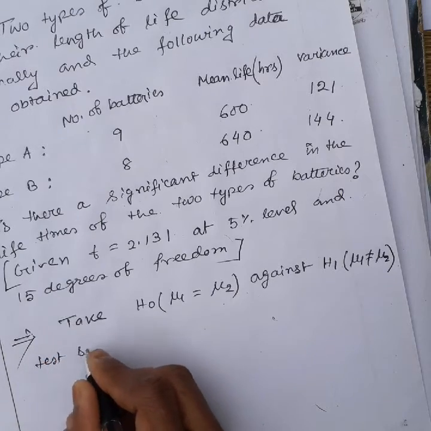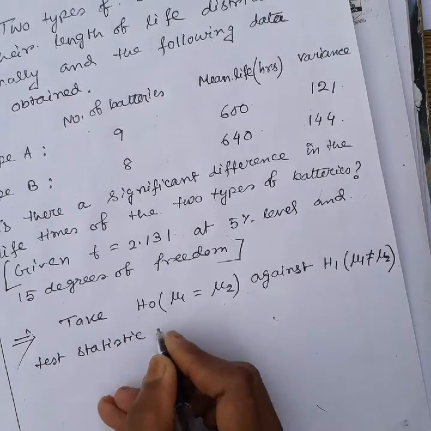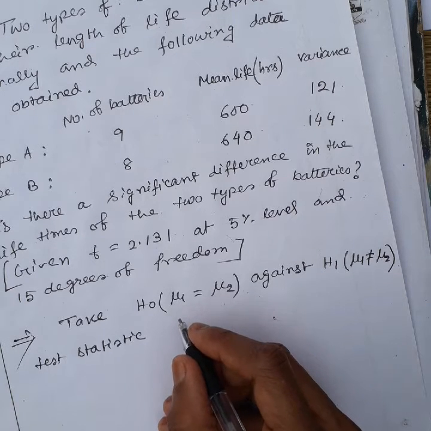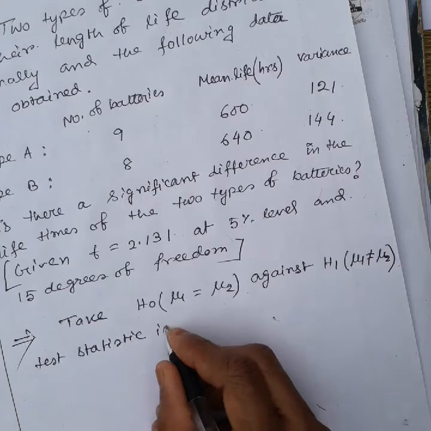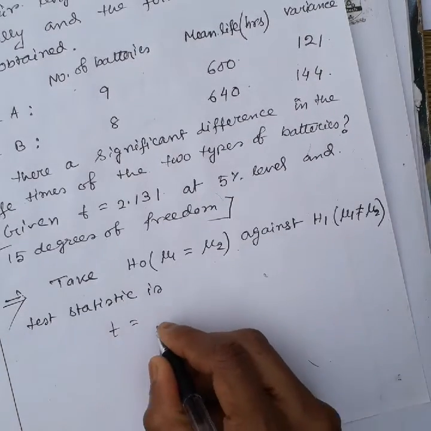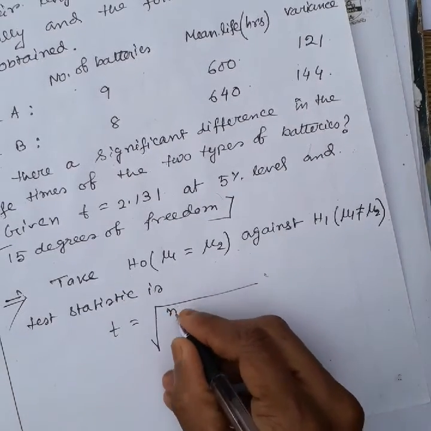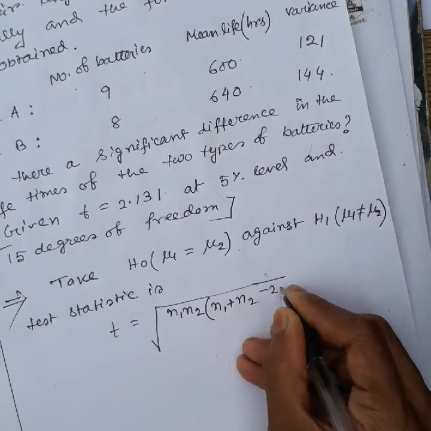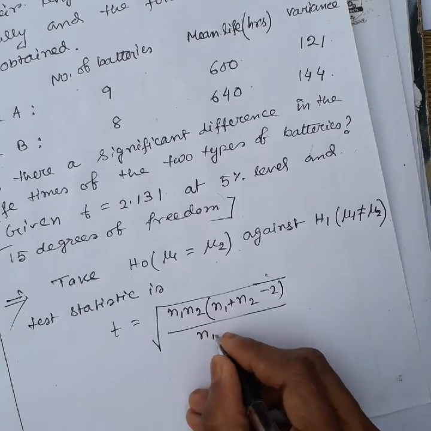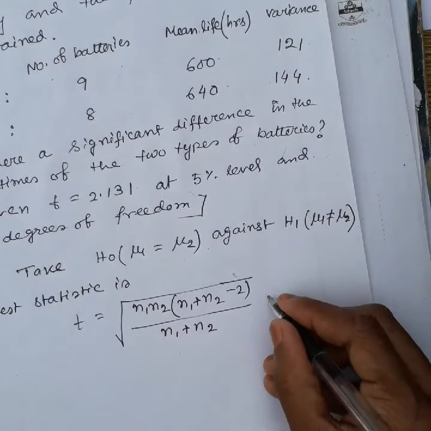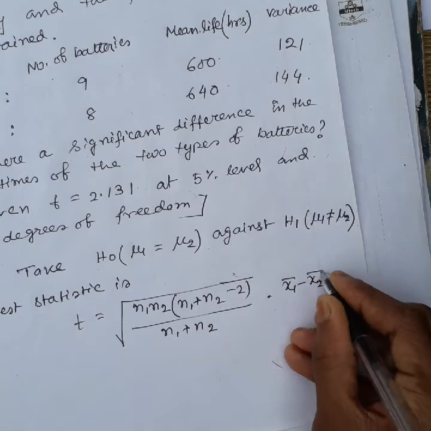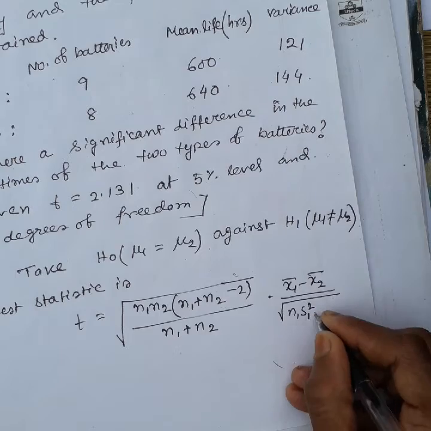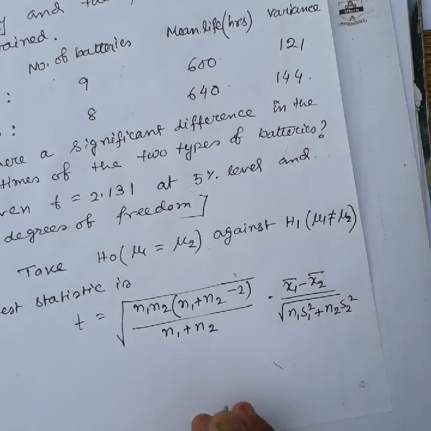So the test statistic t is equal to root over of n1 into n2 into n1 plus n2 minus 2 by n1 plus n2, into x1 bar minus x2 bar by root over of n1 into s1 square plus n2 into s2 square.